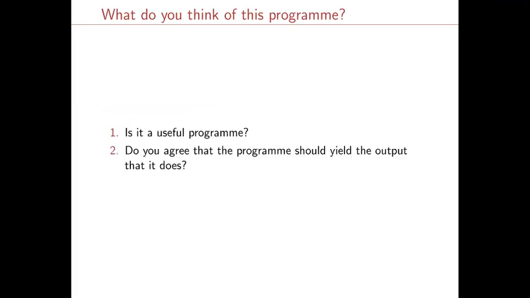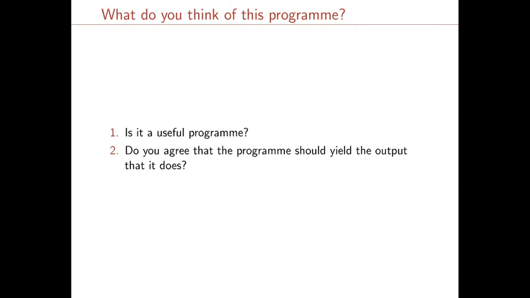So I would like to come back to the questions that we looked at after the first example, when we looked at the programming language C. Is this a useful program? And do you agree that the program written in these respective programming languages should yield the output that it does? The answers to these questions are, of course, somewhat subjective.